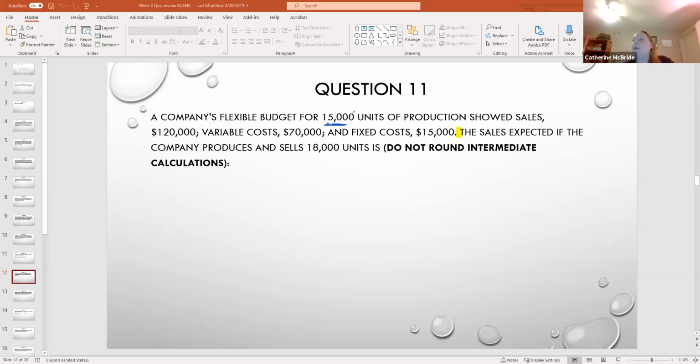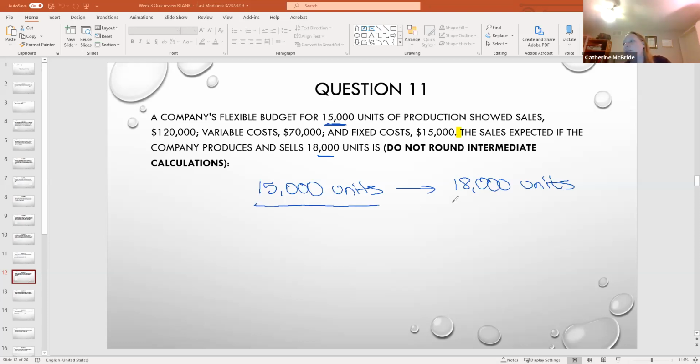We did a flexible budget for 15,000 units, but we actually produced and sold 18,000. So we want to go from the numbers for 15,000 units to what the numbers would be for 18,000 units, so that our budget is comparable to actual. Otherwise, it's not comparable.